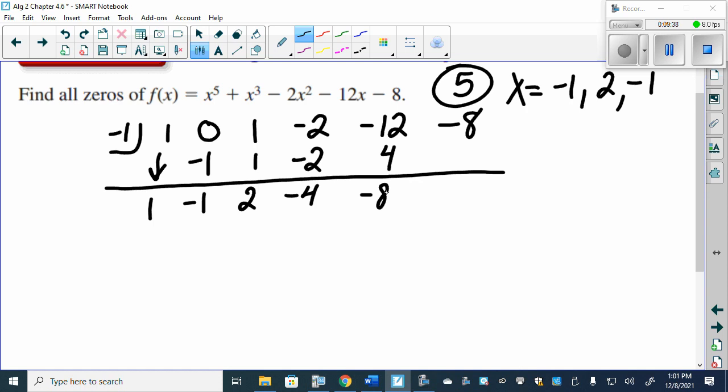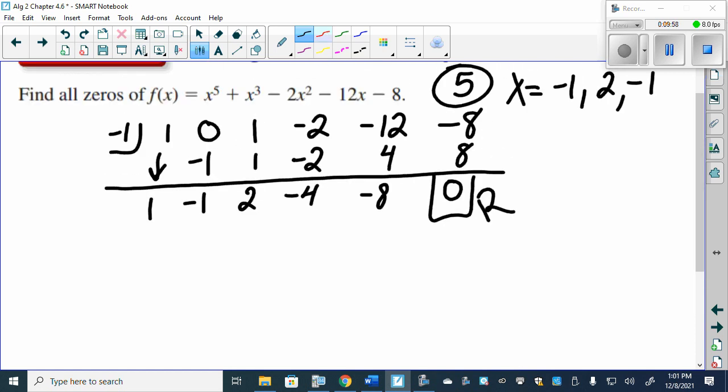And -1 times 0... and -8 plus 8 is 0. And that would be our remainder. And did we expect to get 0? Well, yes, because anytime we have a remainder of 0, it means it is a solution. And we do know that -1 is a solution.